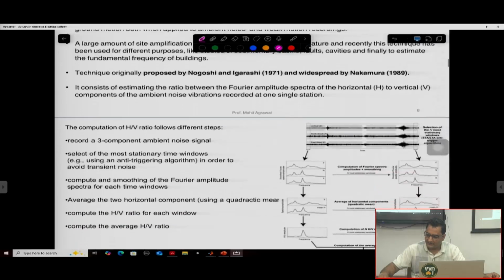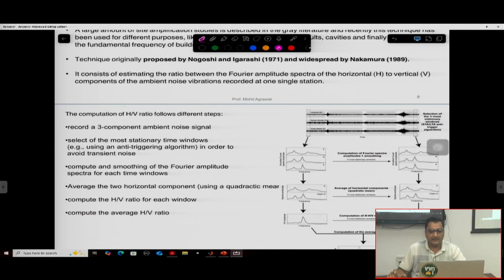For HVSR curve computation, you need a 3-component seismogram for a period of at least 20 or 30 minutes. Thereafter, you divide it into several segment windows, and on each window you perform a fast Fourier transform in order to get the spectrum of the horizontal and the vertical components.